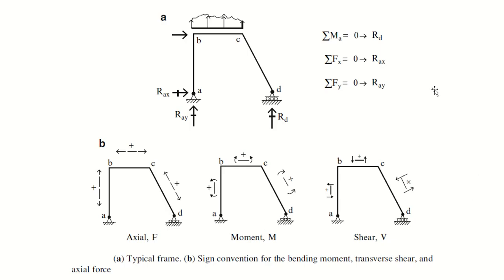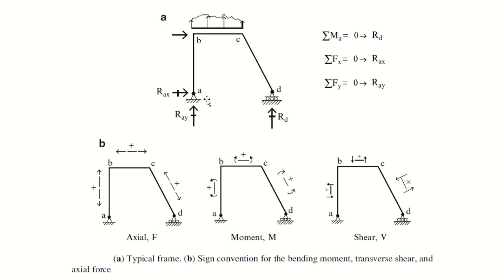Now consider this frame A, B, C, D. The member CD is inclined, AB is vertical, and BC is horizontal. A lateral point load is applied at joint B, and a distributed load, whether uniformly distributed or uniformly varying, is applied on member BC, which is a beam.